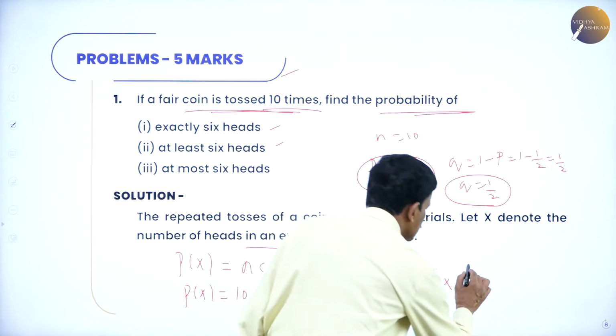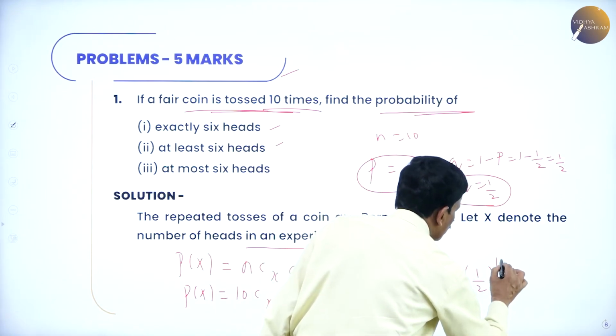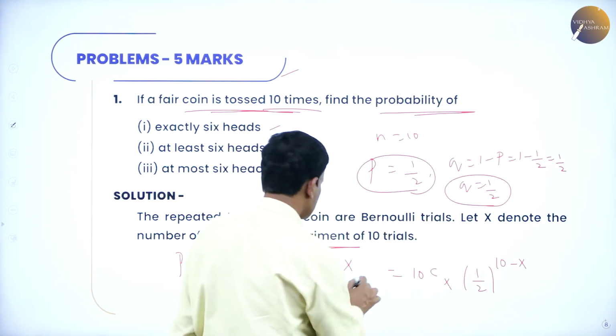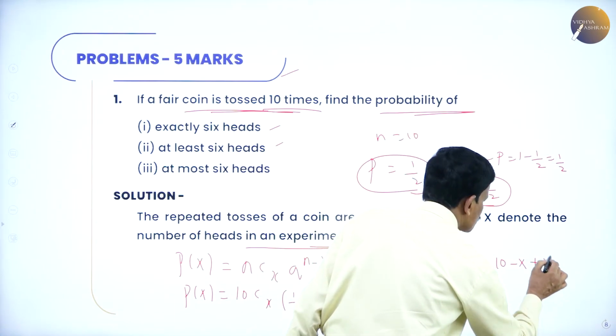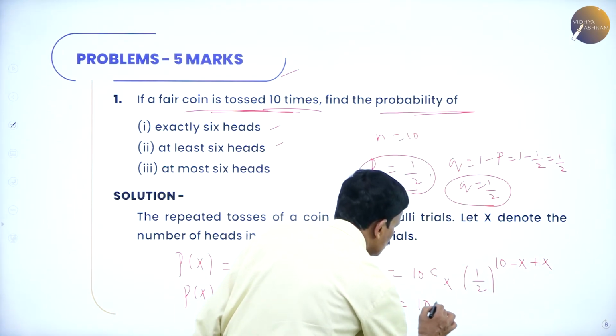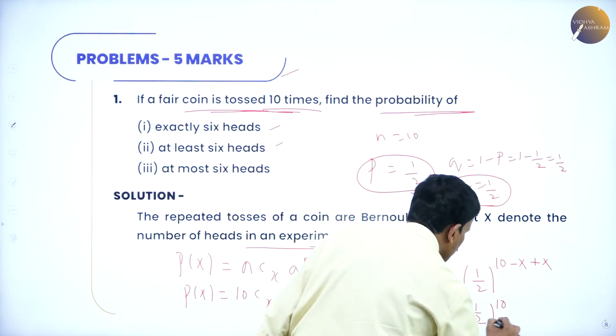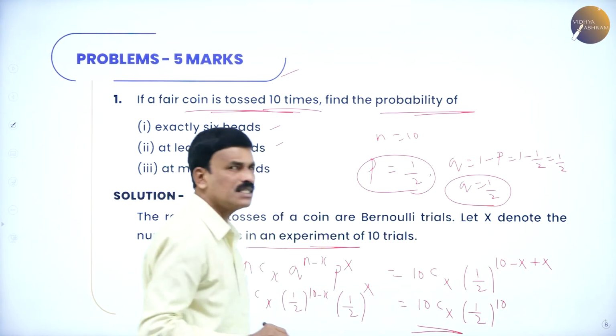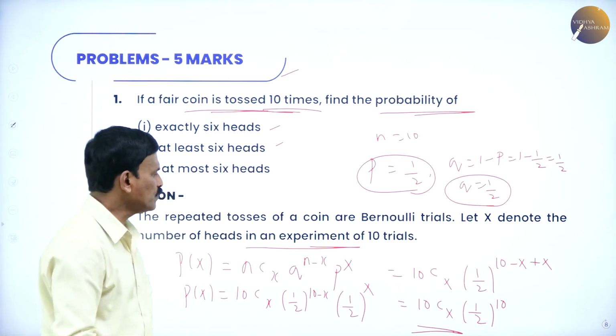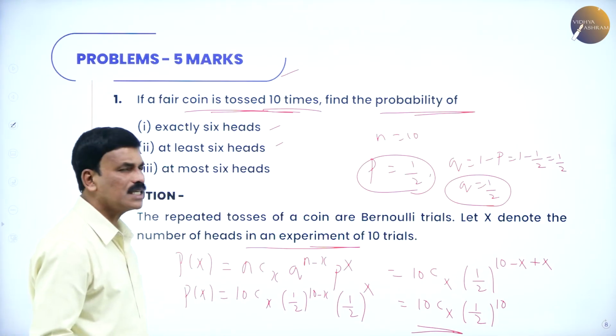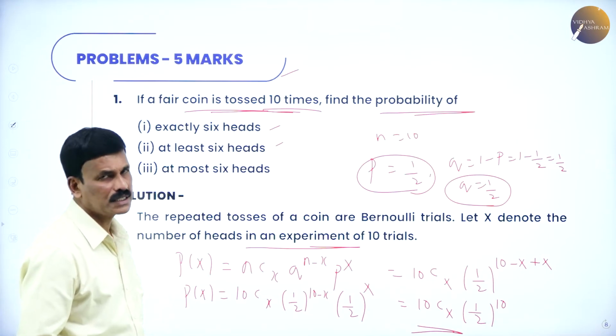Using the law of indices, this can be written as 1 by 2 to the power of 10 minus x plus x. The x terms cancel, so P of x is equal to 10Cx into 1 by 2 to the power of 10. This is the general formula.